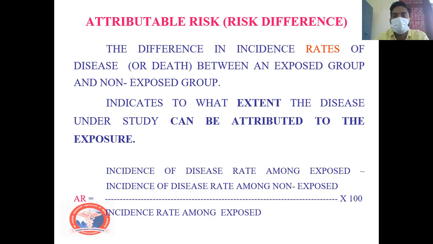Here it is incidence of disease rate among exposed minus incidence of disease rate among non-exposed divided by incidence rate among exposed into 100. So IE minus I0 divided by IE. IE is incidence among exposed, I0 is incidence among non-exposed. IE minus IO divided by IE into 100.